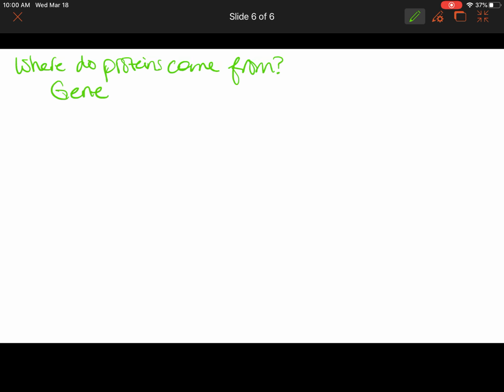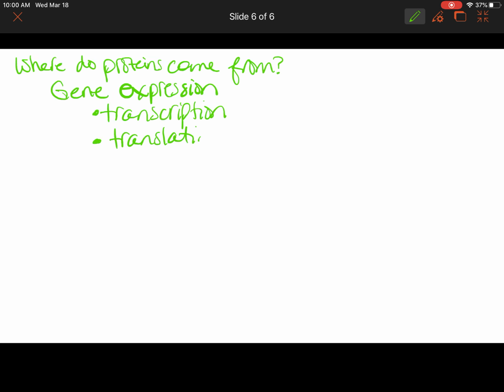Proteins come from gene expression, which again, remember, is transcription of genes into mRNA, and then translation of those mRNAs into proteins.